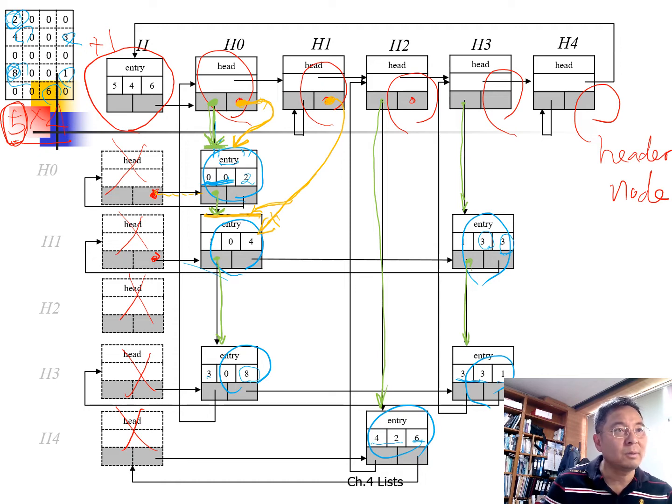And how about this one? This one has no values in the same row, so nothing, null. This value will be null. And how about H3? H3 will point to this one. Okay, this one will be a dotted line. Actually, this value will store the address of this node.